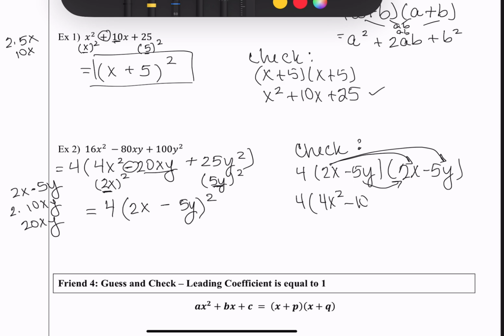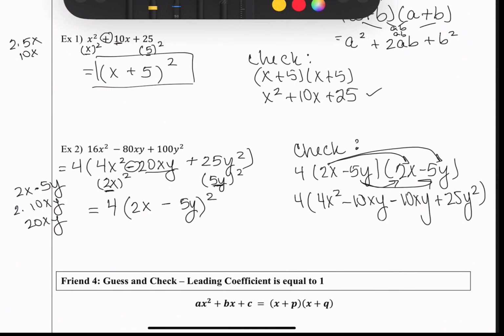Sorry about that. When I did 2x times negative 5y, I should have gotten negative 10xy, not just y. And then when I do the negative 5y times the positive 2x, again, I'm going to get the negative 10, and I'll put it in the same order, xy. And then my last terms are going to give me positive 25y squared.